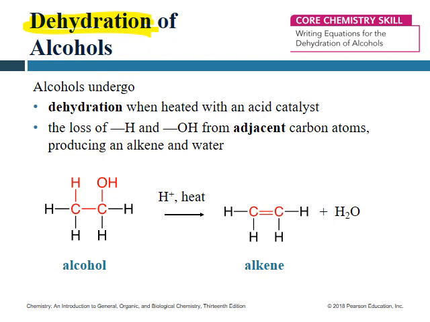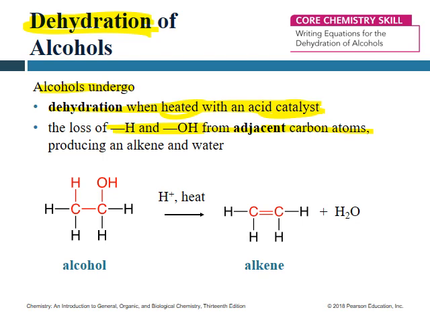So alcohols can undergo dehydration when they are heated with an acid catalyst. So whenever you see an acid catalyst like H+, HCl, H2SO4, and there is some heat involved, it is going to dehydrate the alcohol. How? The hydrogen and OH from adjacent carbon atoms will be lost.